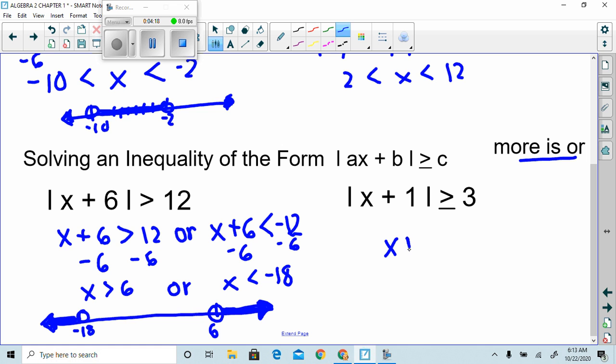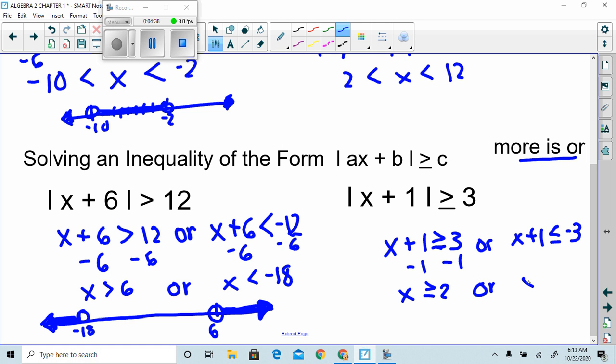x plus 1 is greater than or equal to 3, or that's when we rewrite it and reverse it and change the sign. Flip and change the sign. Let's subtract 1 on both sides. x is greater than or equal to 2, or let's subtract 1 again. x is less than or equal to negative 4.